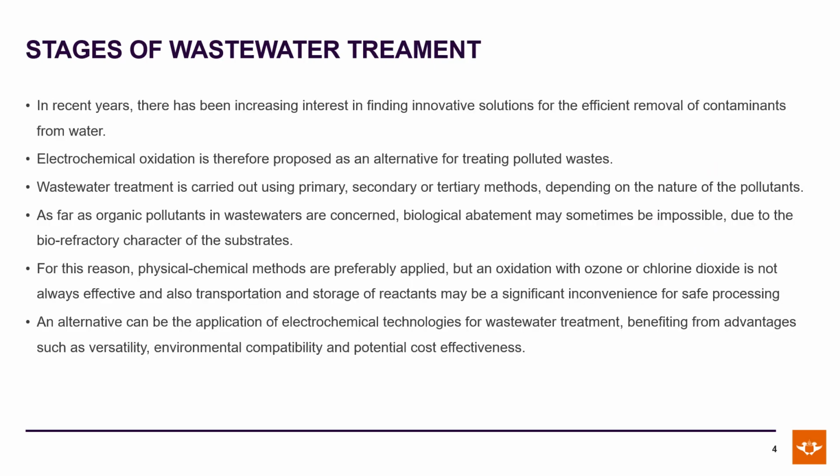However, there are stages of wastewater treatment, which may include electrochemical oxidation, a technique that can be carried out using primary, secondary, or tertiary methods, depending on the nature of the pollutant. Physical and chemical methods are much more preferable in treating organic pollutants in wastewater.